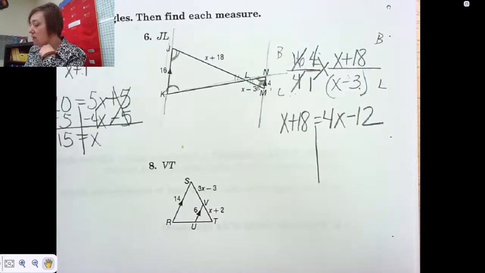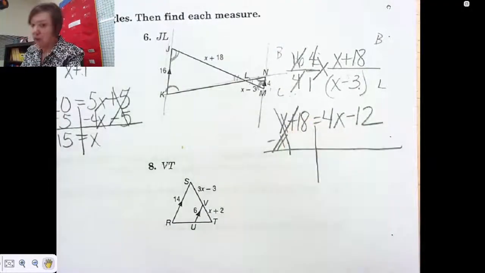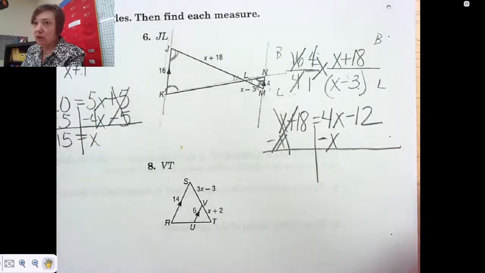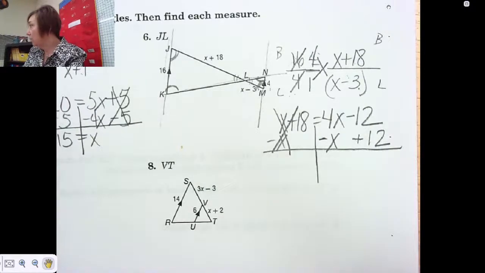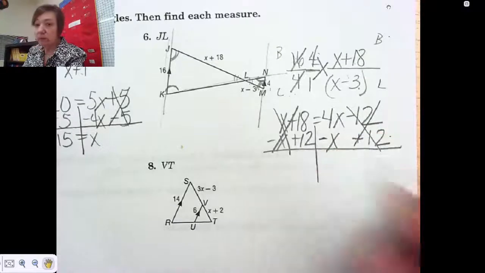Okay, what would you do to solve? Subtract x. Okay, that gets rid of my x's. What else can I do? Oh, I got to do that. Yep. Sorry. Thank you, Jonathan. I also can, right now, add 12. That gets rid of my 12s, but then I have to do it over here too, right?